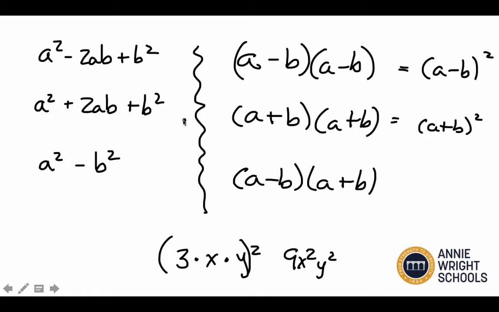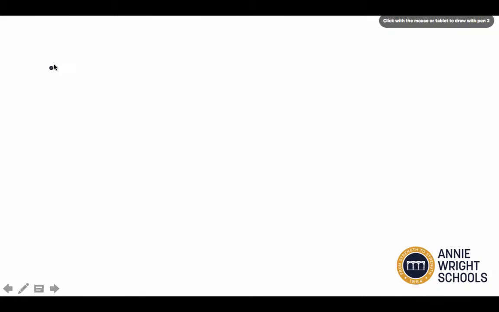So let's take an example that fits one of these patterns and show you how the ways we've been factoring work. Take a look at this example: 4x squared minus 12x plus 9.